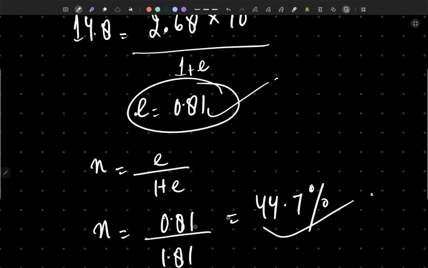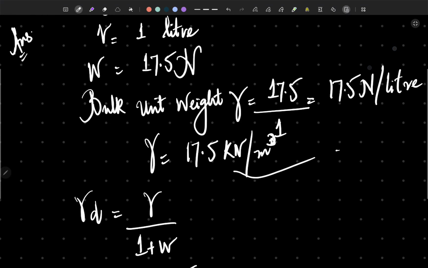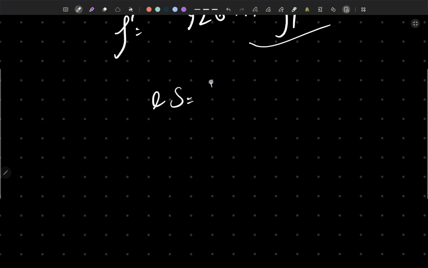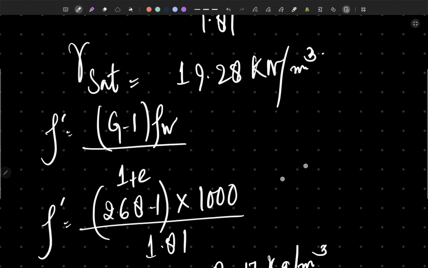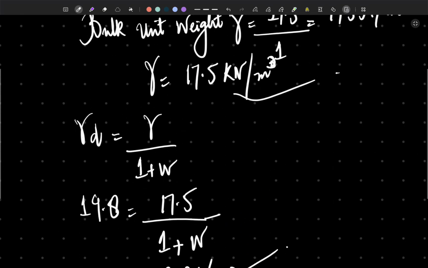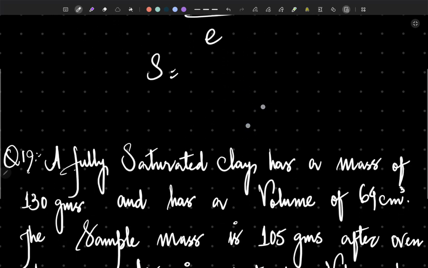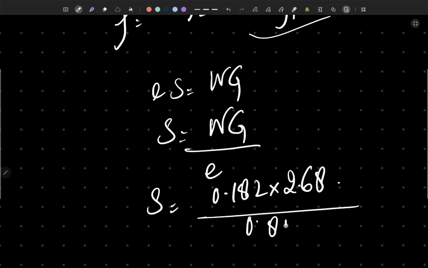The last thing that we need to find is the degree of saturation. We will be using the generalized equation, ES is equal to WG. S is equal to WG divided by E. W is the water content, how much? 18.2%, that is 0.182, specific gravity 2.68, and the void ratio 0.81.